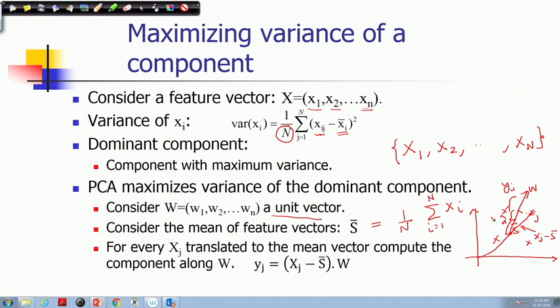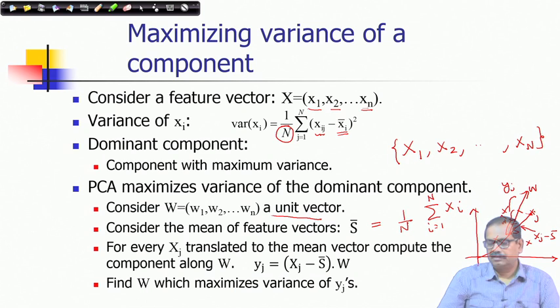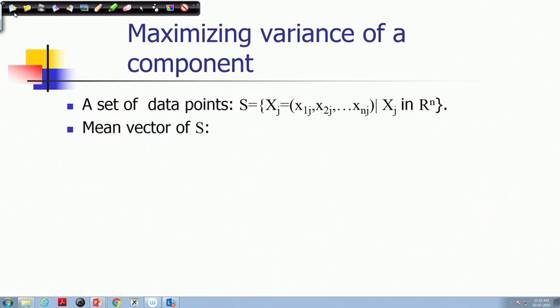Now, you consider the variance of this component. The problem of PCA is to find at least one such direction that maximizes the variance of these projections of the different vectors, all the data points centered at their mean. Let me continue with that representation.